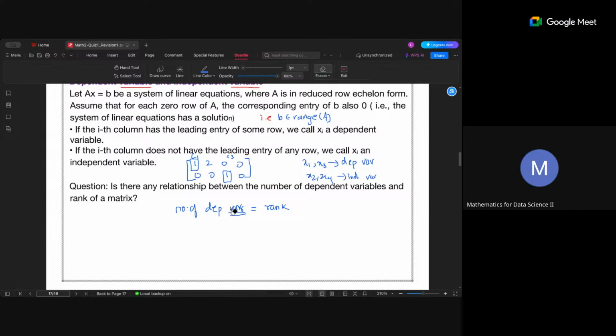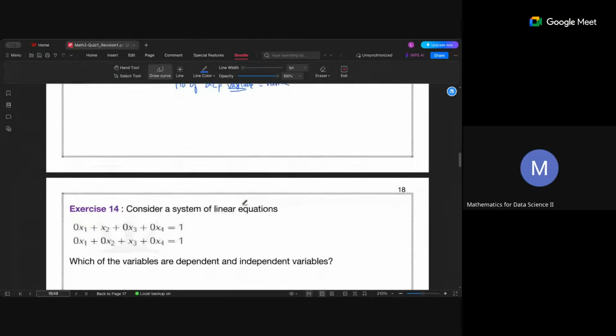Remember, we are talking about variables. Don't confuse it with vectors. In a basis, it's the number of independent vectors that makes the rank, but here we are talking about variables, not vectors. That's why I'm repeating it.